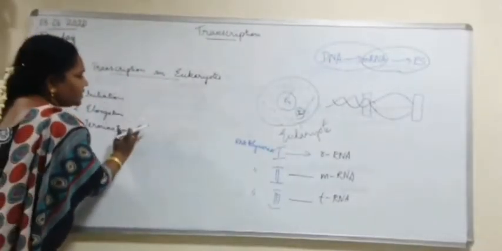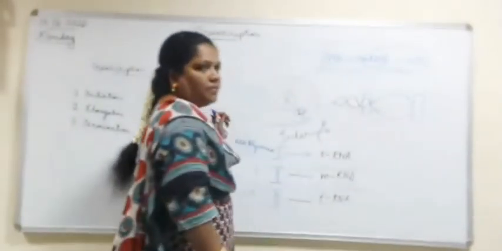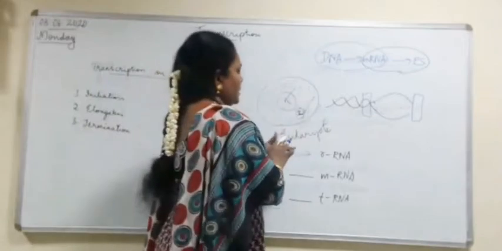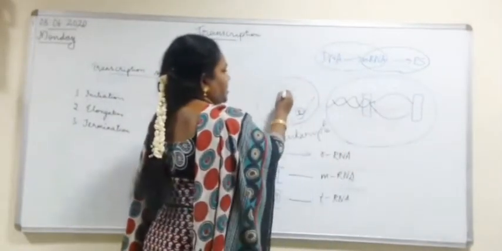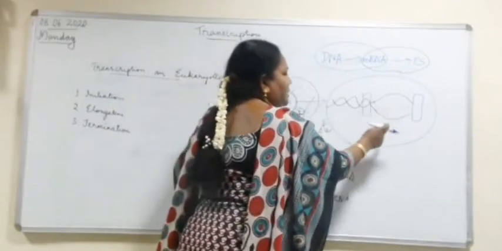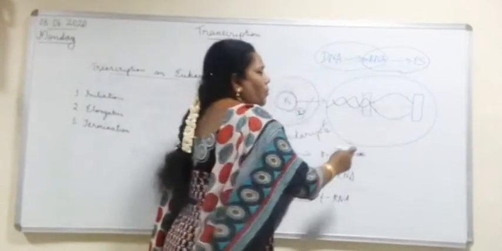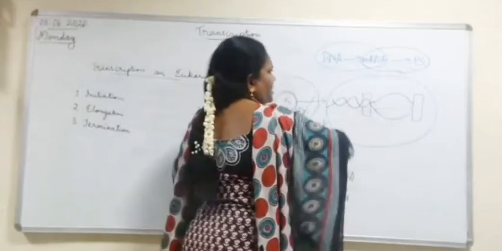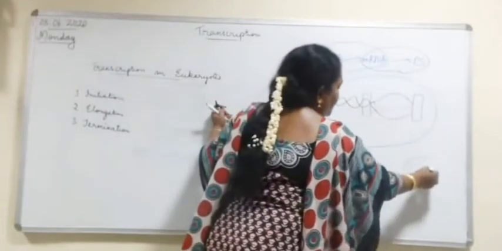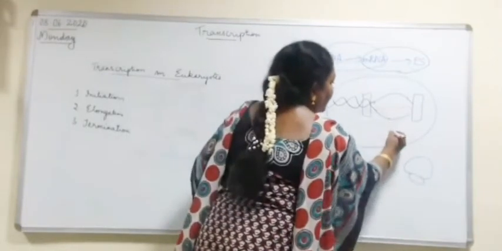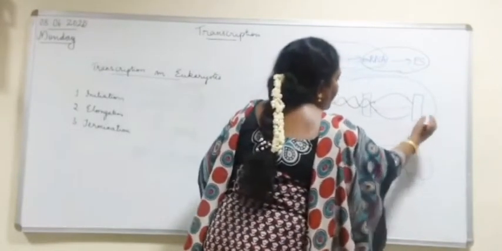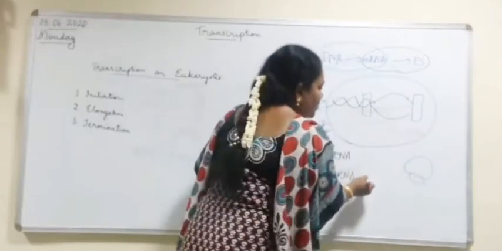Now after this termination, it gets stopped. Now this RNA, the red color RNA, comes out from this process. Still it is inside the nucleus only. This is the nucleus I have drawn here. Once it comes out of the nucleus, this is the cell, ribosome is present here. When this mRNA comes out, it has to be a matured one.